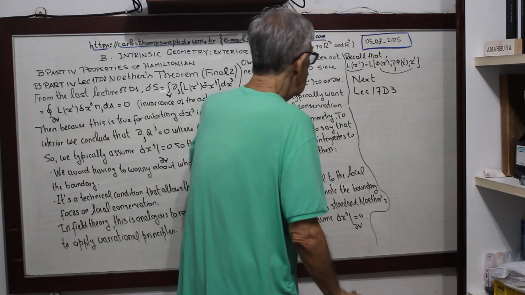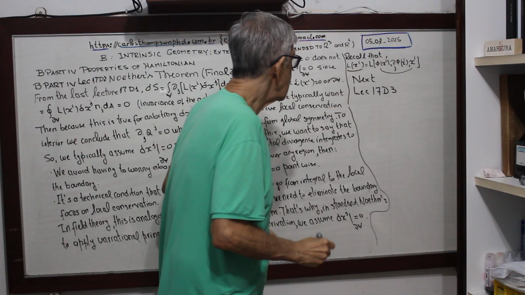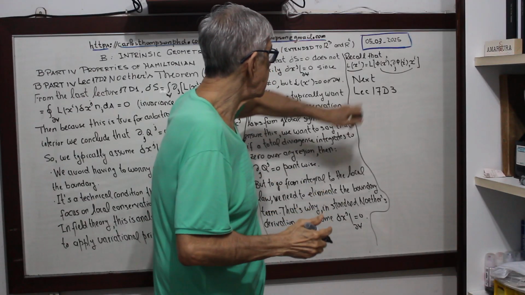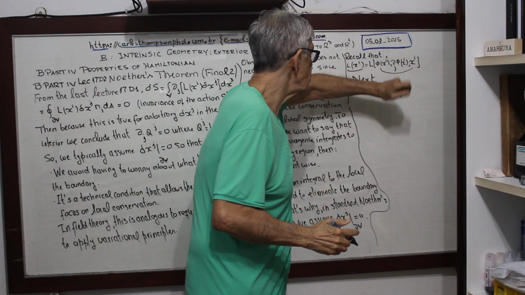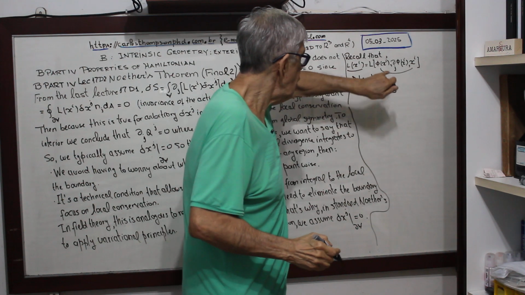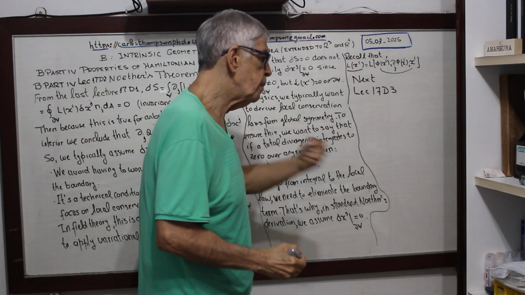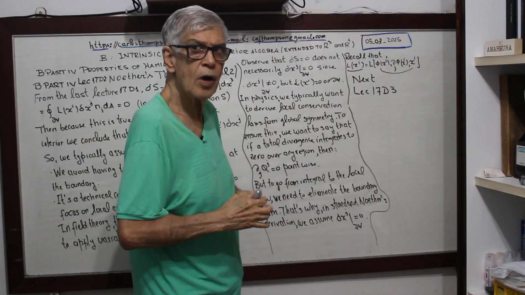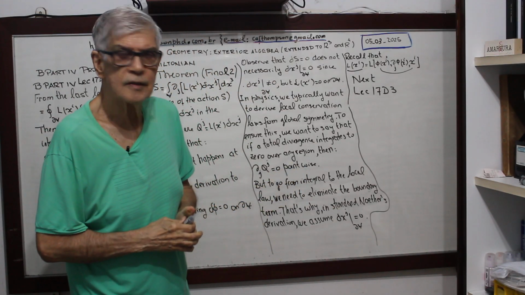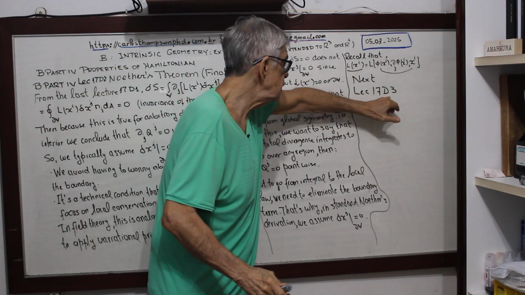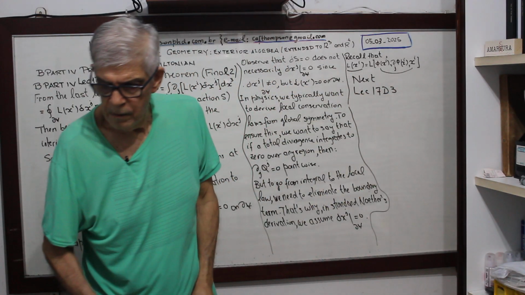This is an annotation just to simplify the argument of L. Now we will start from here. Our goal is the Noether theorem. That's important here. The next lecture, D3. Okay, that's it.